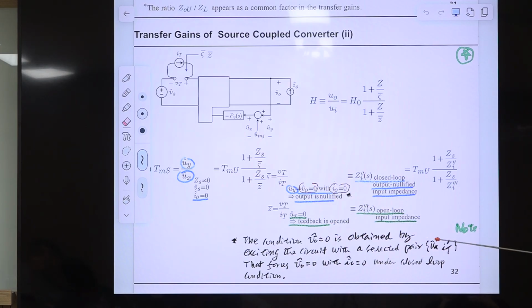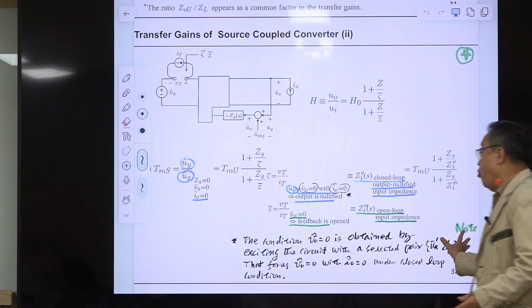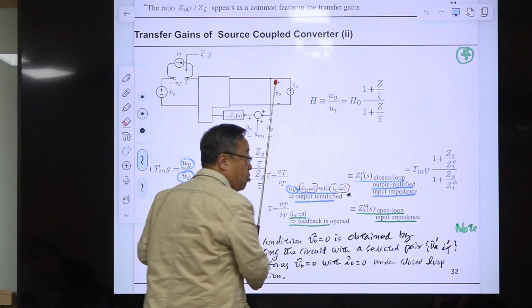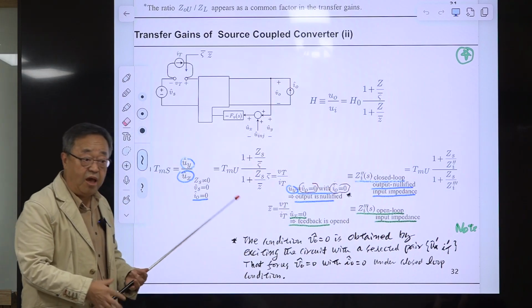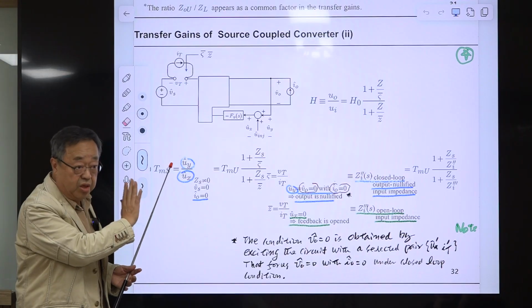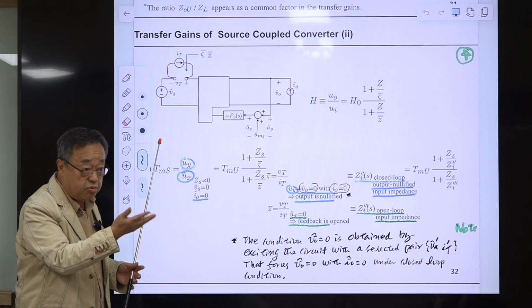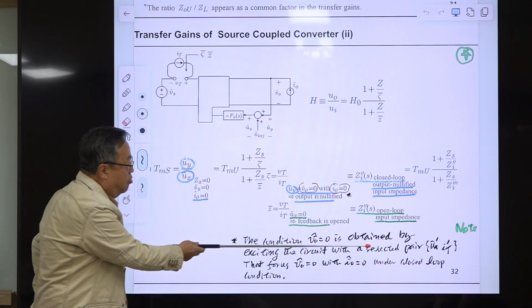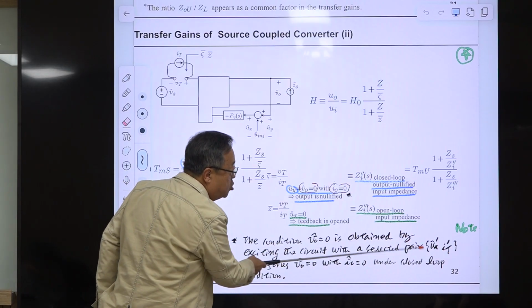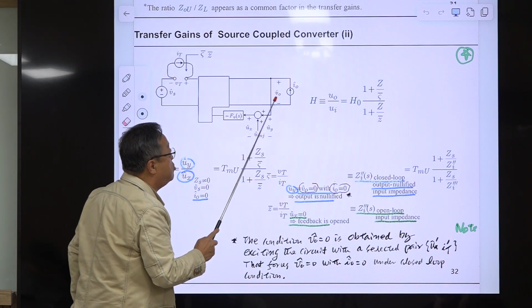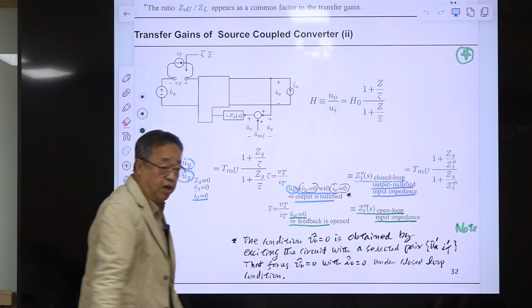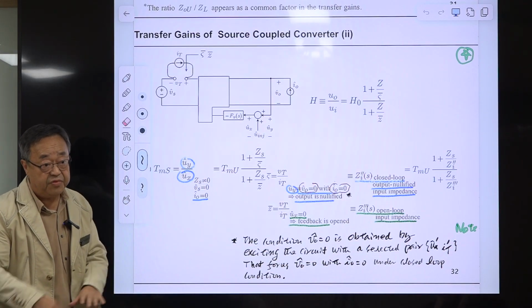UI prime is one input, and IT prime is another input. UX prime is one input, and this is another input. So by selecting these wisely, the output can be 0. That is the same as our previous simple example, making the output 0. So we have two inputs. This one will generate some positive voltage here, and the other one will generate the negative of that. Then they cancel.